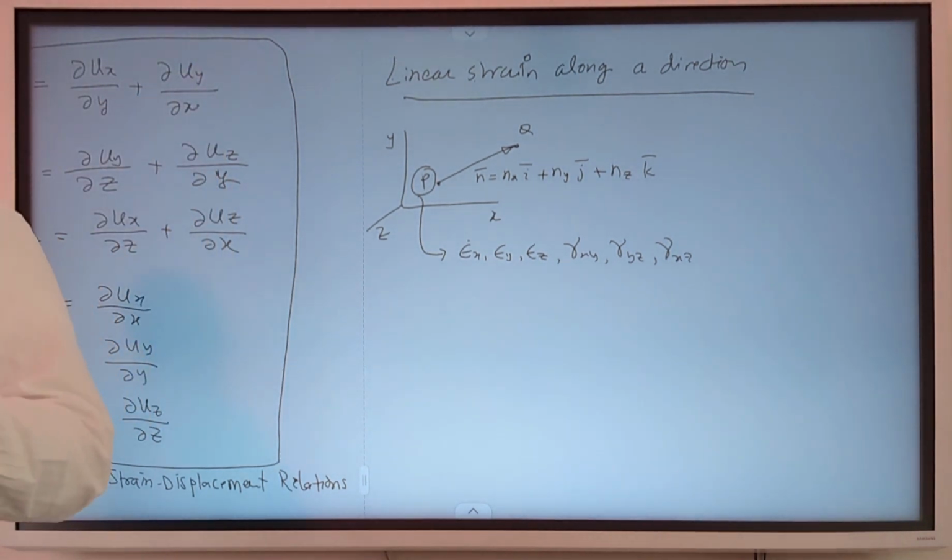It is essentially used to develop the equation for what are called principal strains.